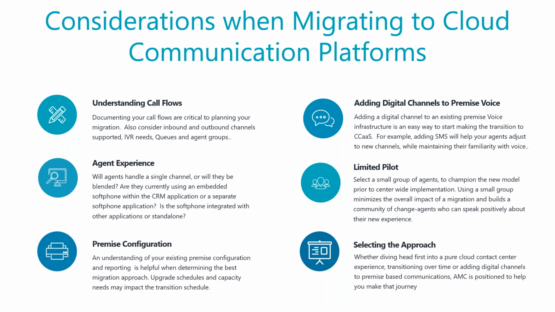We have the digital channels, like SMS and chat, and we can use them while at the same time using the premise voice. That gives us a little more flexibility, and we can use these channels while talking to the customers over a voice channel as well.